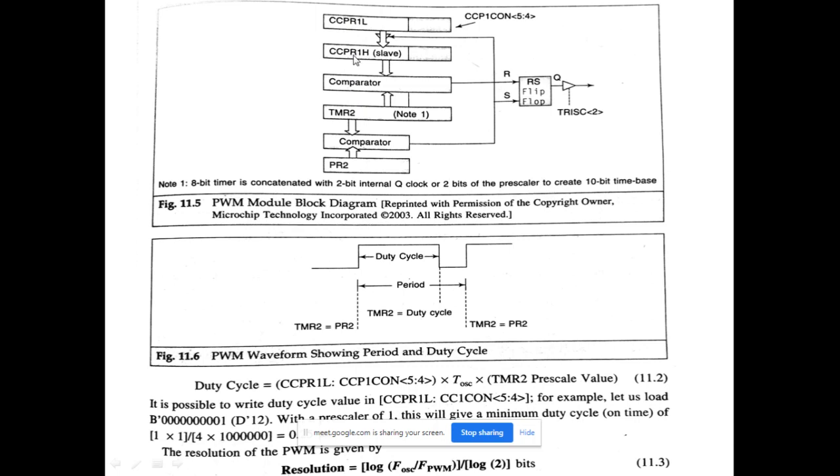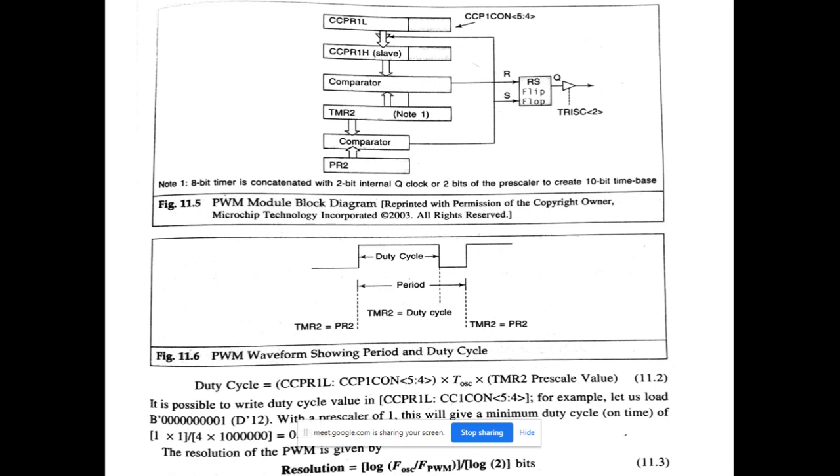Suppose we are talking about the CCP1 module, then CCPR1H is the higher 8-bit register, and this is the lower 8-bit register. These are the count registers of your CCP module. They are also used. There is an internal RS flip-flop, you can see here. It can be set or reset, and depending upon that, the output pin will be high or low.